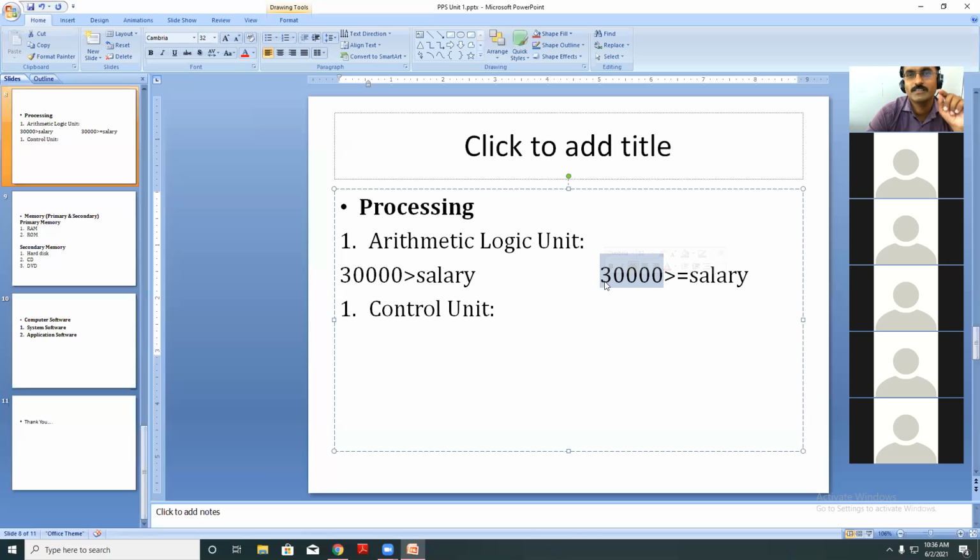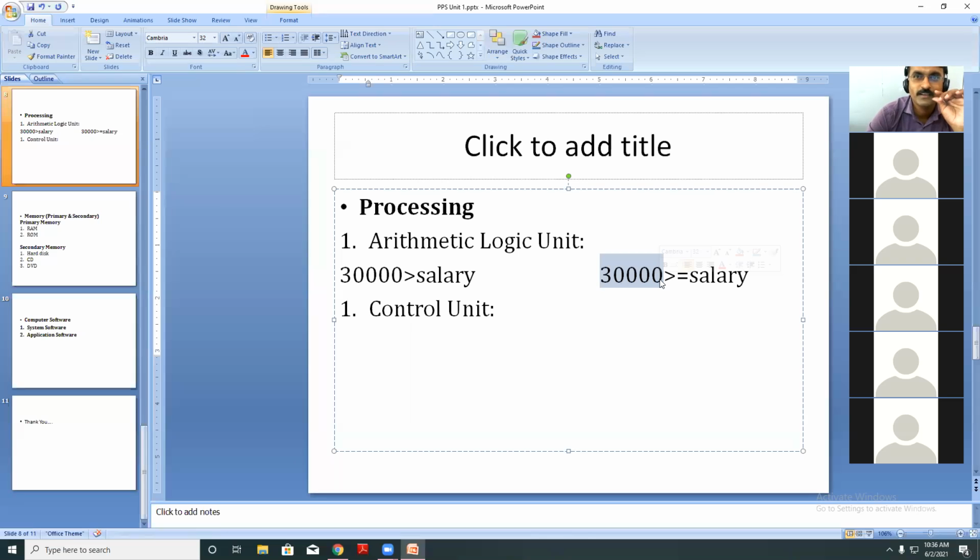But if my salary is 30,000, here the equality sign means it also includes 30,000, which is not part of my question, right? I have strictly mentioned the salary amount should be less than 30,000.